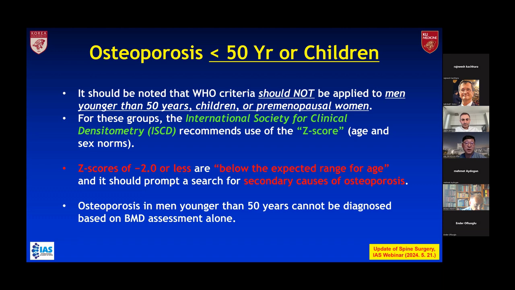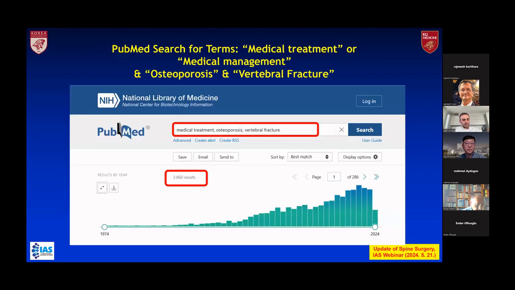A Z-score under minus 2.0 is defined as below the expected range for age, and those patients need prompt search for secondary osteoporosis.